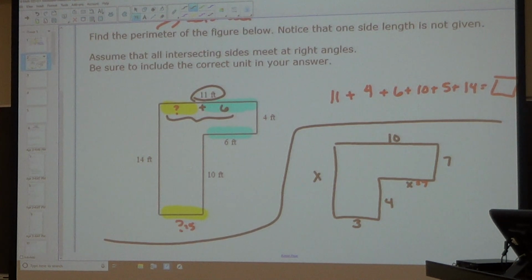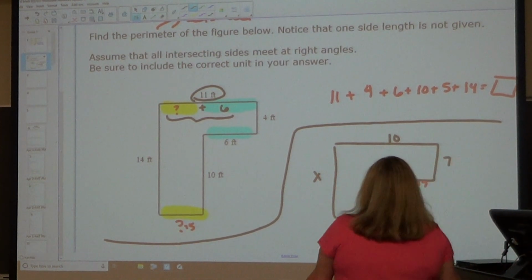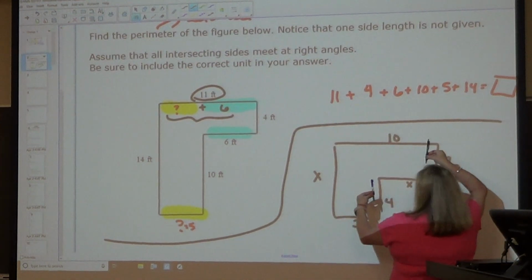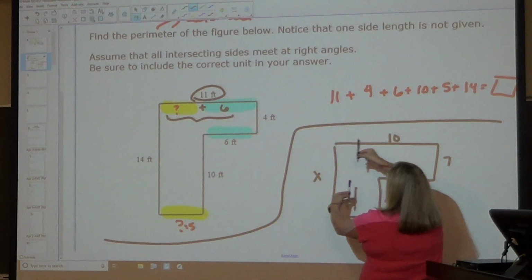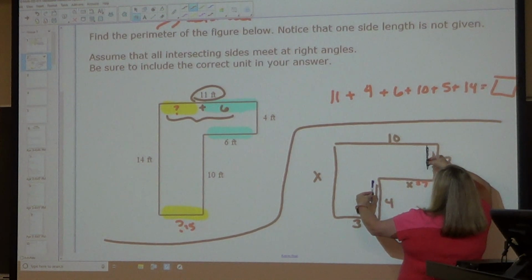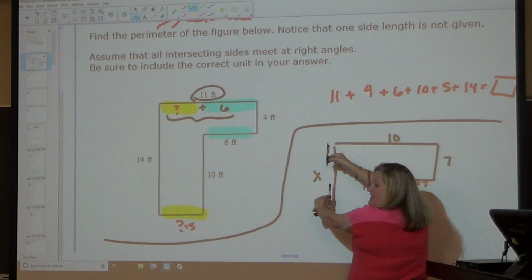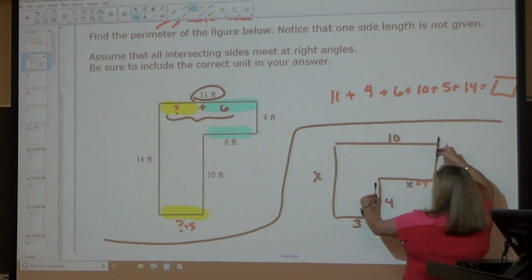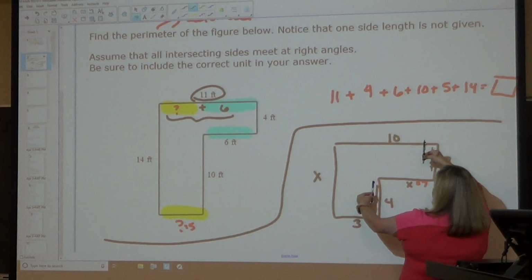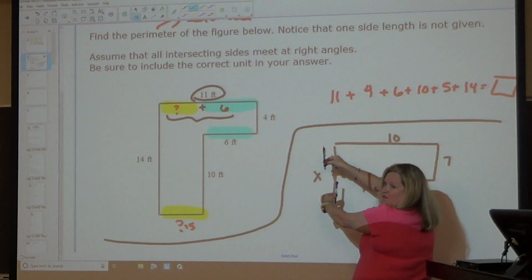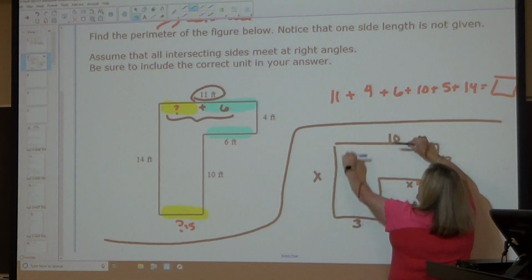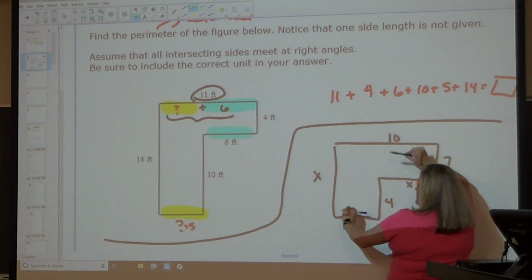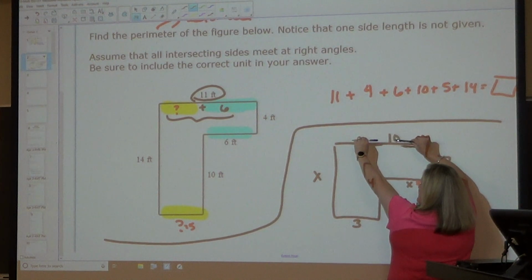Now, for the other one, those are up and down pieces. So those two, 4 and 7, are going to make that whole side. Here, 3 and 7 made the 10.